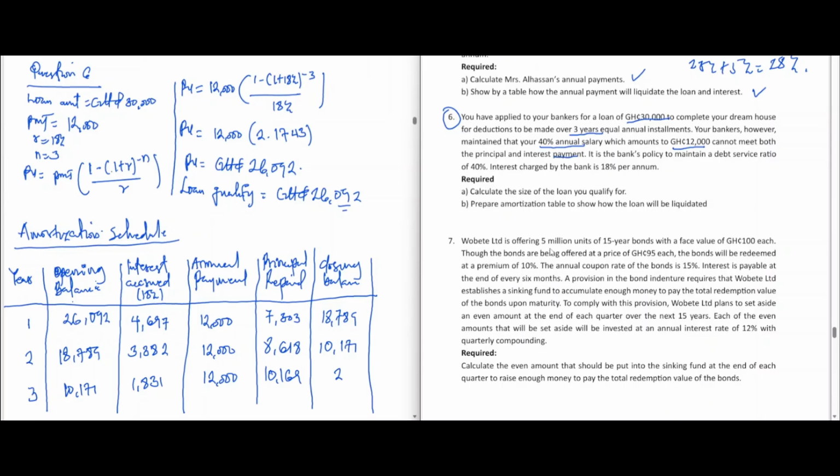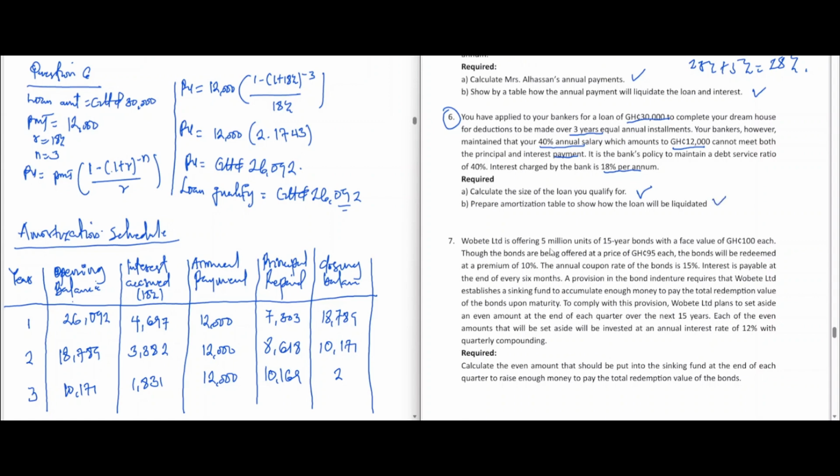It is the bank's policy to maintain a debt service ratio of 40%. Interest charged by the bankers is 18% per annum. Calculate the size of the loan you qualify for and prepare the amortization table to show how the loan will be liquidated.